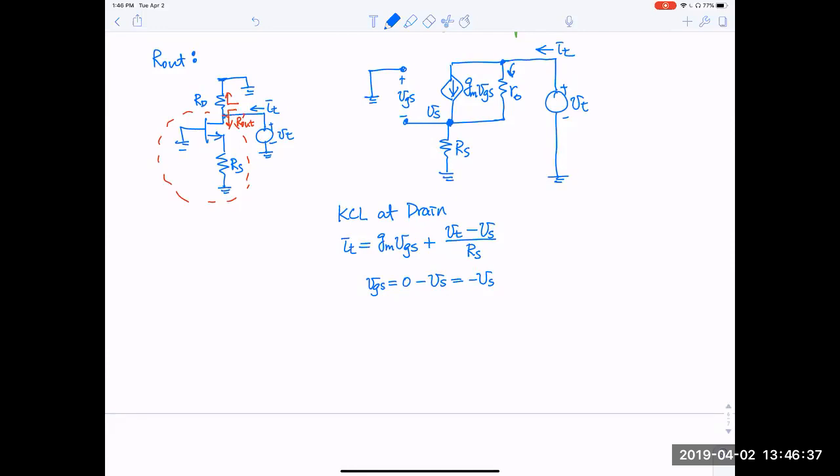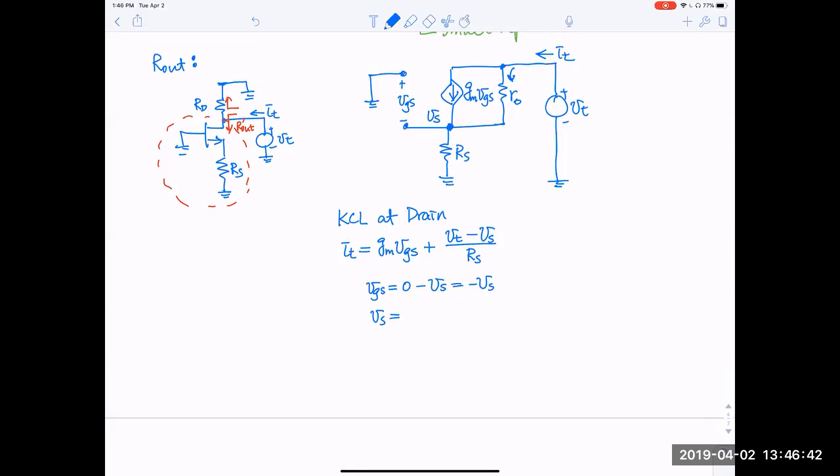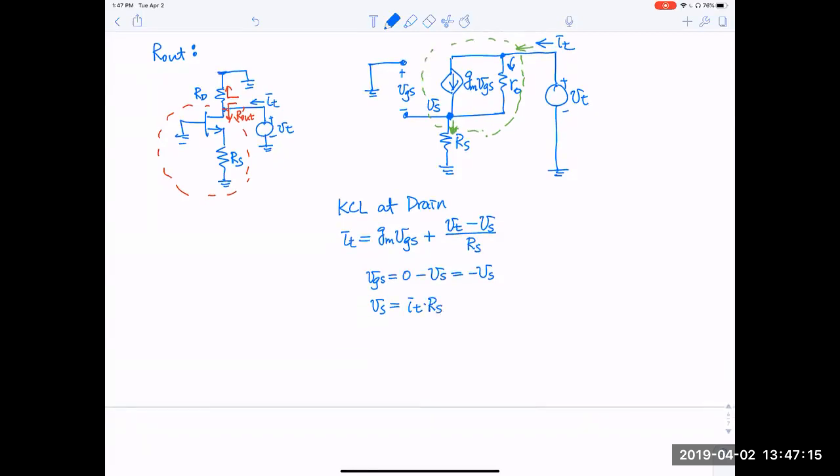And VS itself is equal to, again, if I draw a circle here, the entire circle covered by the green line here, okay, all the current going into this green boundary will be equal to the current going out. There's only one path in and there's only one path out. The gate is open circuit. There's no current going to the gate. So VS is simply equal to IT times RS, okay?